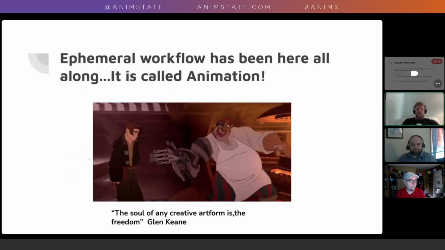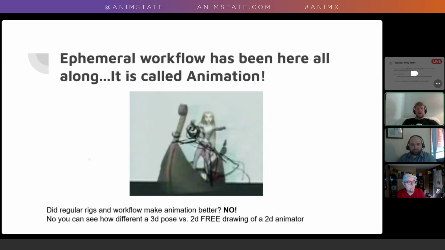And when he started to do some early 2D, 3D tests, he got hooked, I think, right? The soul of a creative art form is the freedom. You aren't free when you're locked to a rig that forces you to work a certain way. And you can see that this was impacting the quality of the work. There's no greater example of the difference, traditional 3D animation workflow, how it creates a certain look.